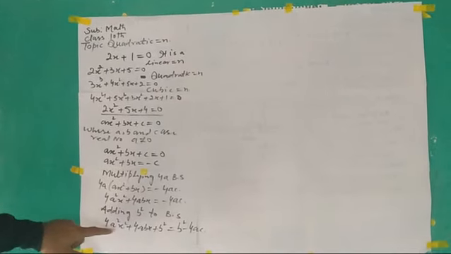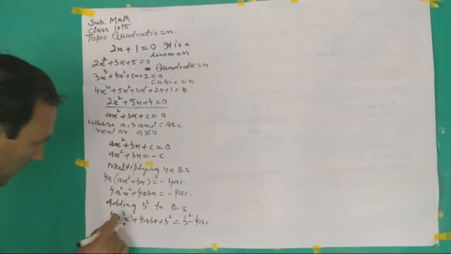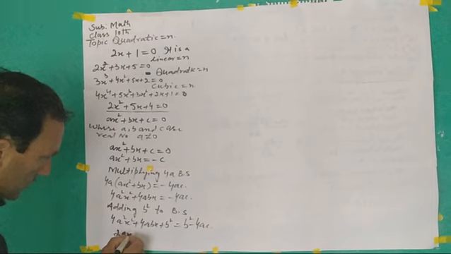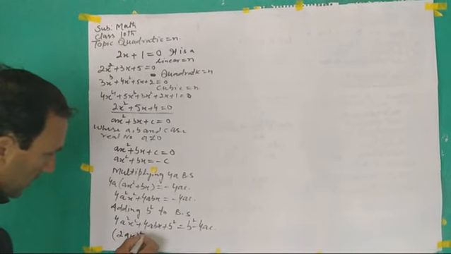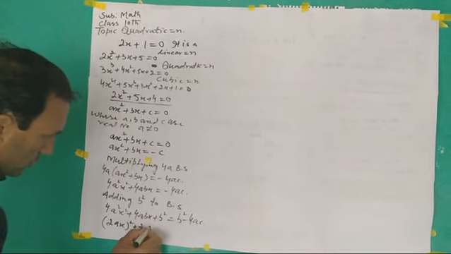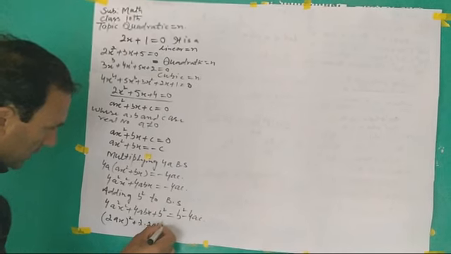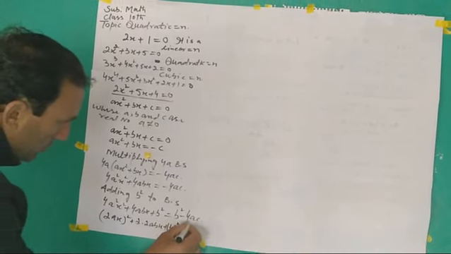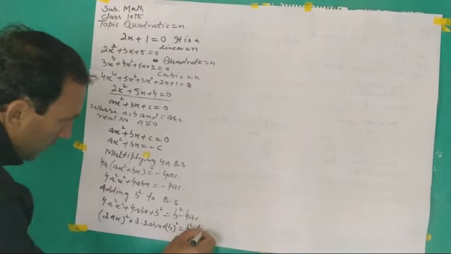Here we will write it as 2ax whole square plus 2abx plus b whole square is equal to b square minus 4ac.